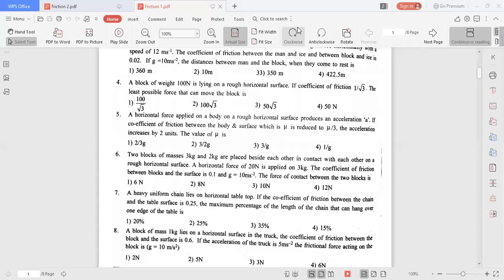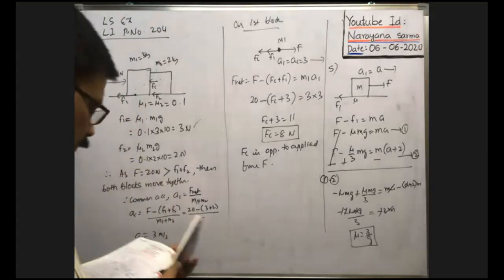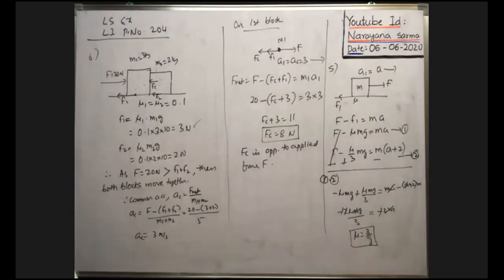Here when you take the LCM, minus 2 mu mg whole by 3 is equal to m into a minus ma plus ma cancel, then minus 2m. Minus minus cancel, 2m cancel. Therefore mu is equal to 3 by g. It is the coefficient of friction mu initially. They asked the value of mu. In this way you have to do. Next.